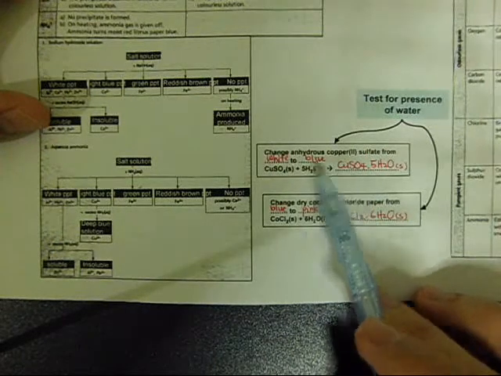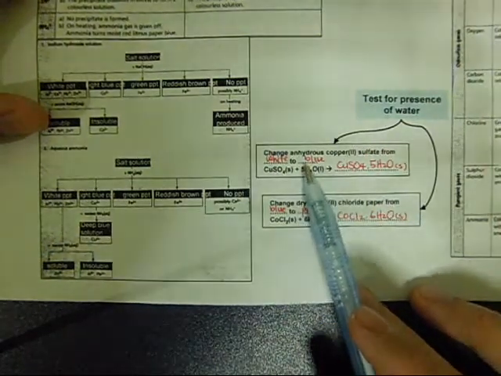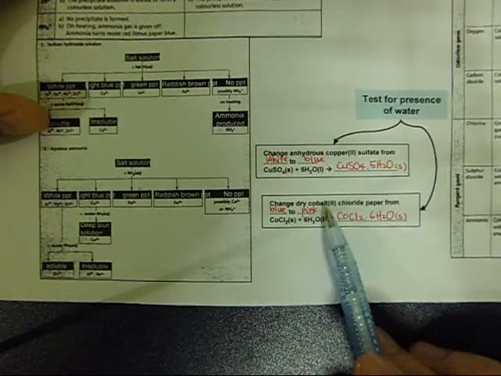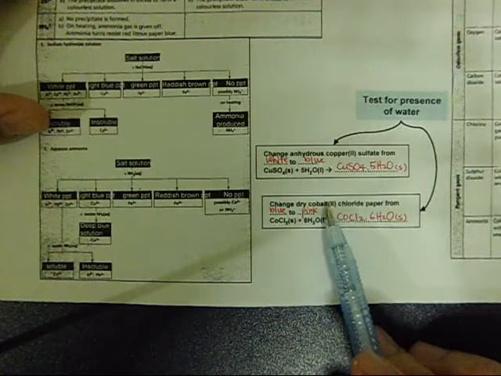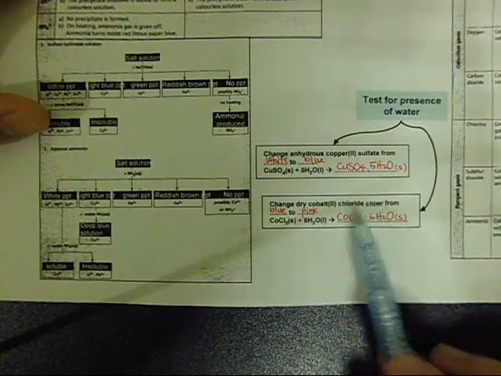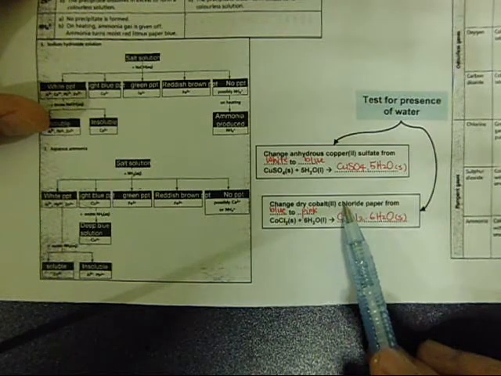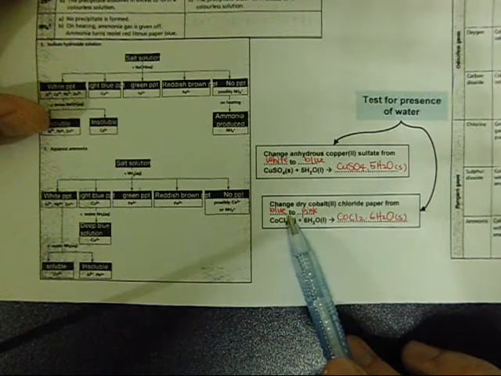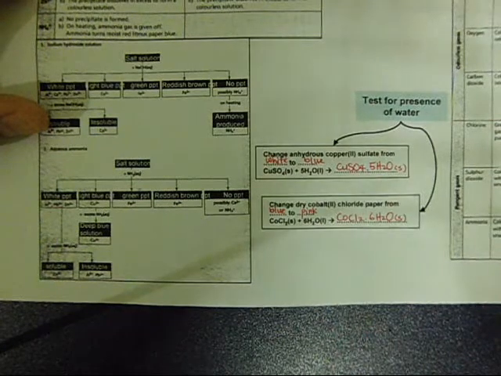It is white, and when water is present, it changes from white to blue. Alternatively, we can test for water using cobalt(II) chloride paper. The dry paper is blue, and it changes from blue to pink if the substance you're testing is water. So white to blue, blue to pink.